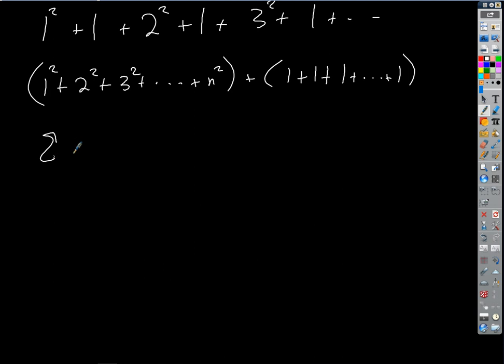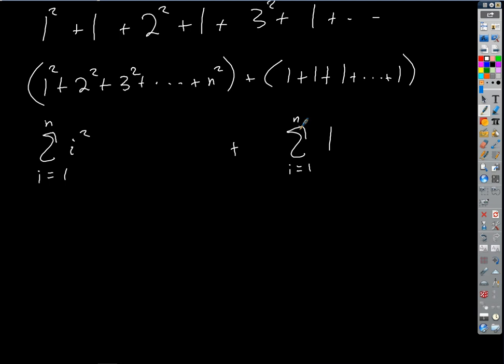So this is just the sum of I squared as I goes from 1 up to n. Plus, that's the sum of 1. We're just adding up, each term is just a 1 as I goes from 1 to n.